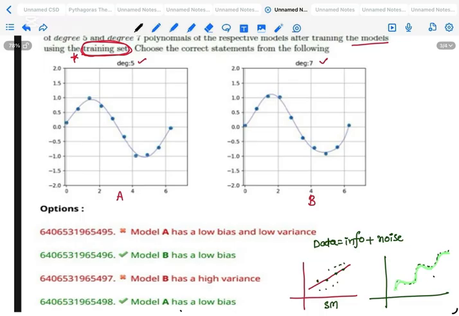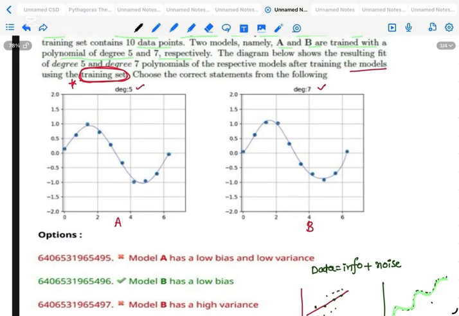Okay, the two models are trained only on the training data set, that is only 10 data points. If we count the data points, there are 1 2 3 4 5 6 7 8 9 10. Here also 10 data points, that is only the training data set. In degree 5, the model is passing through almost all the data points, right?